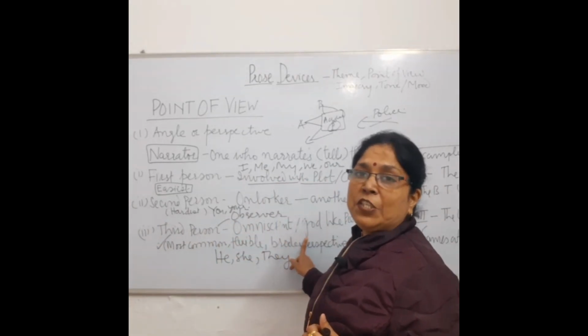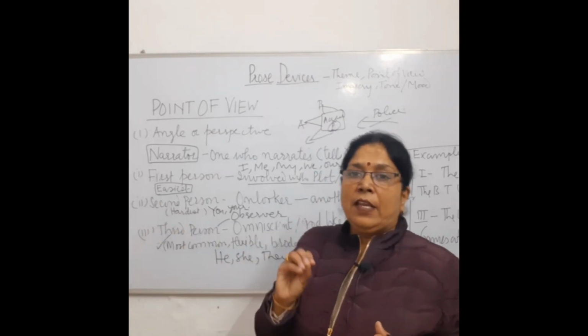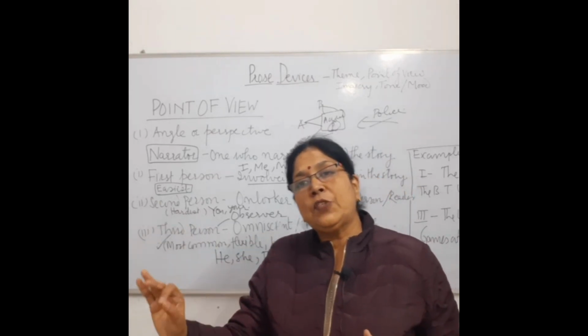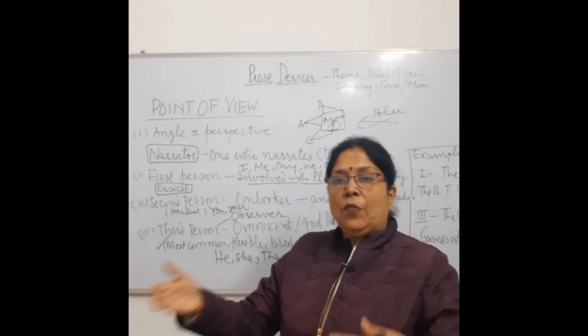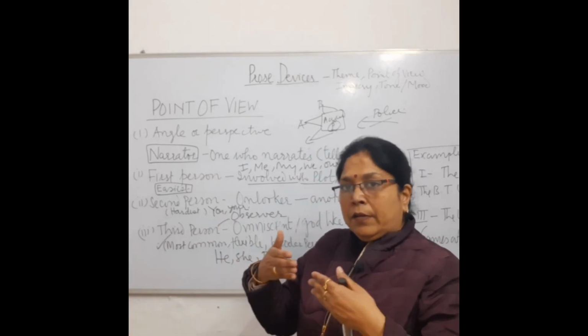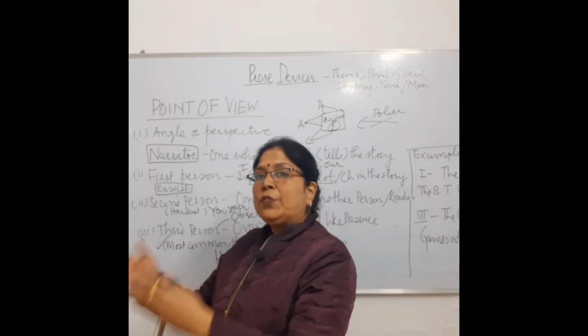He becomes omniscient. He can look into each and every character. He can read the mind of each and every character very easily, and he can express what is going on in the mind of one person or another person, and the story moves forward.